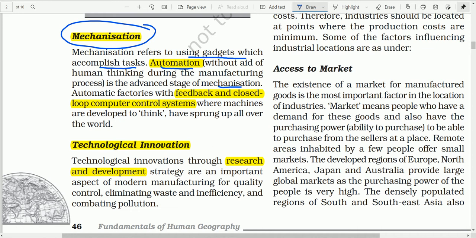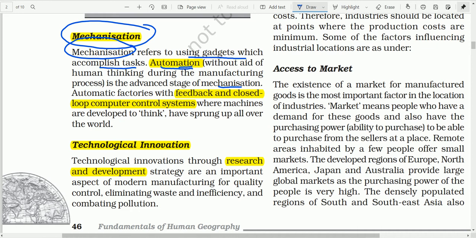Actually, the main difference between mechanization and automation is that in case of automation, these machines are integrated into a self-governing system.